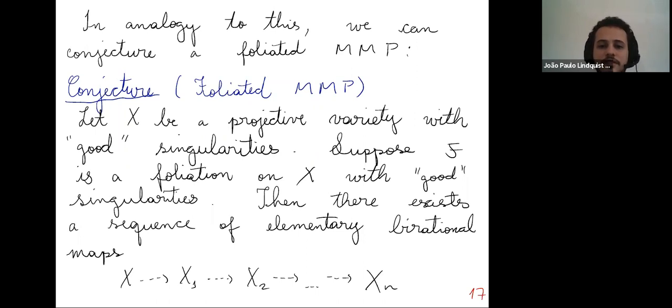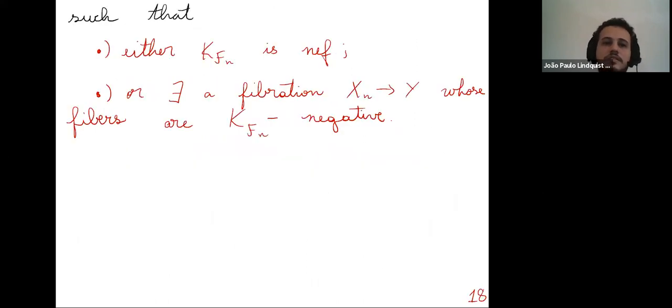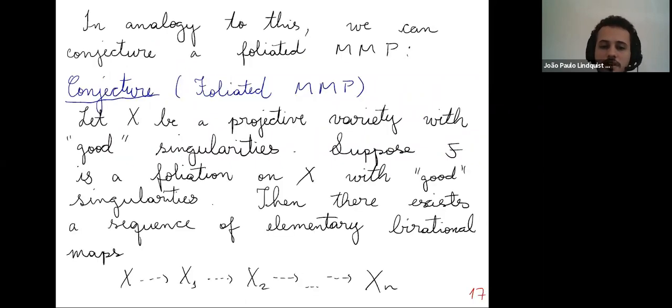Then I can find a sequence of elementary birational maps such that, in each step of this sequence, I obtain a new foliation on each Xi. So I can define a foliation on an open subset of Xi and extend it to the whole Xi.